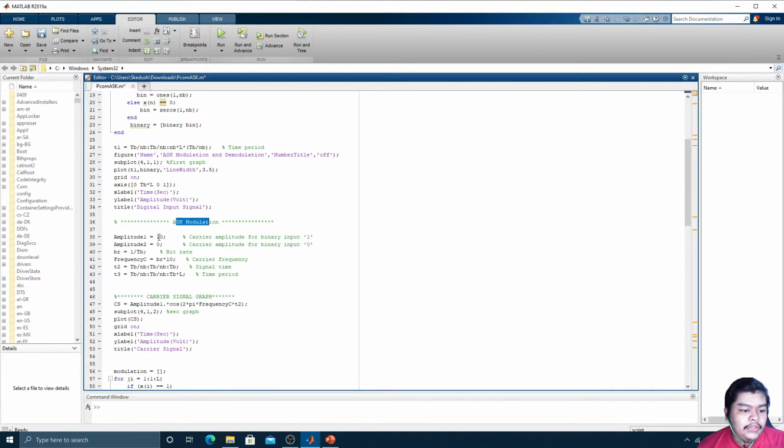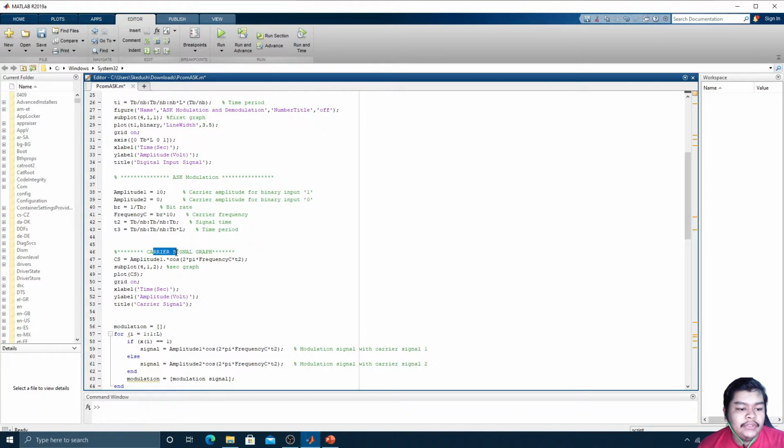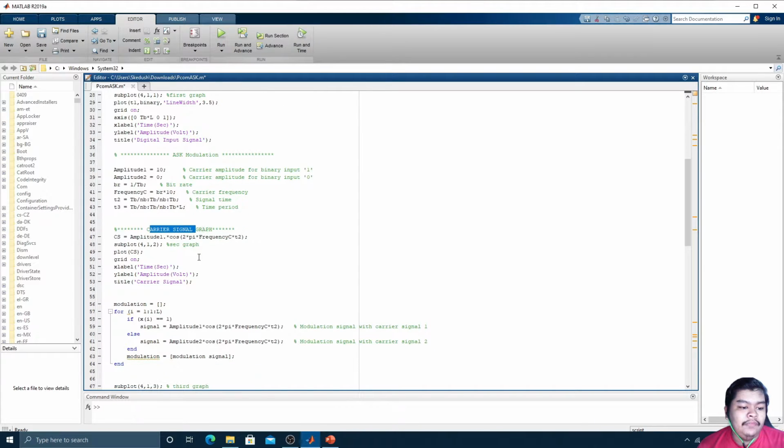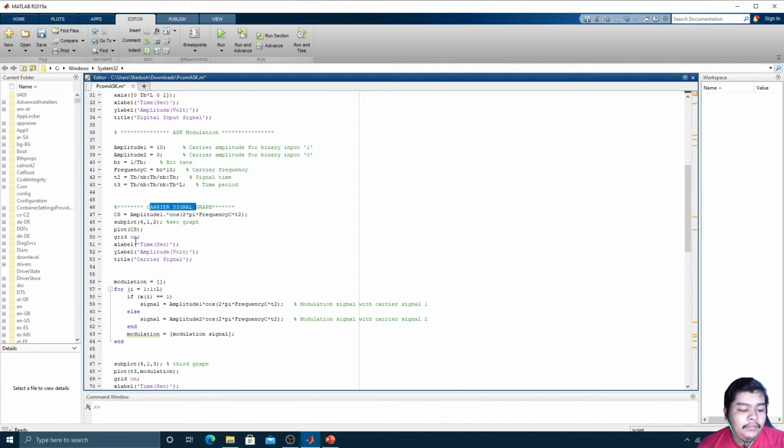We are using 10 volts and a frequency of 10 kilohertz. Next we plot the second graph, which is the carrier signal graph, equal to amplitude multiplied by cos 2 pi frequency times time.